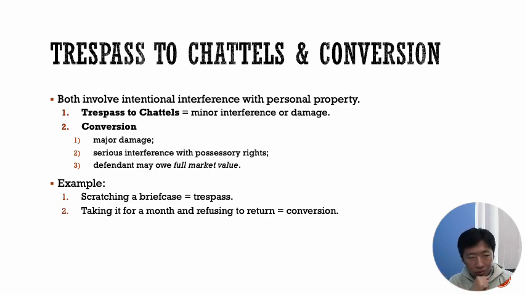For example, if A scratched a briefcase, that's a trespass to chattel. But if A took it for a month and refused to return, that's a substantial, serious interference with possessory right. So it constitutes conversion.